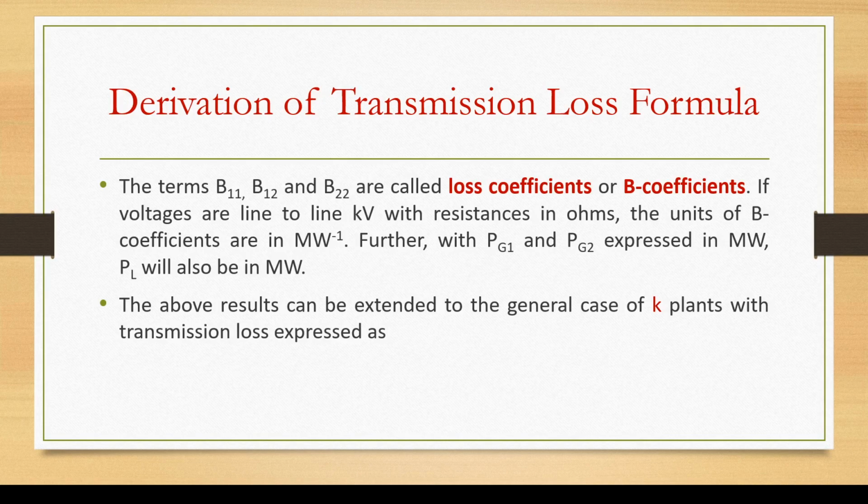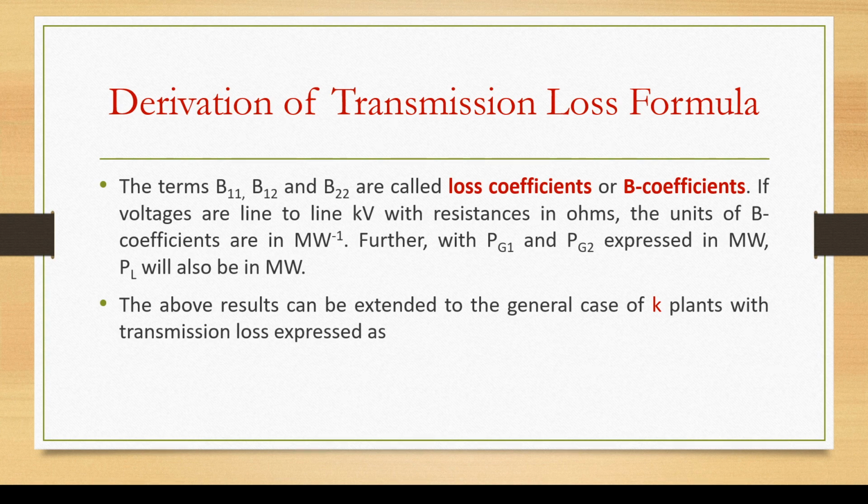If voltages are line to line kilovolts with resistances in ohms, the units of B coefficients will be 1 by megawatt or megawatt inverse. So for Pg1 and Pg2 expressed in megawatt, PL will also be expressed in megawatt.